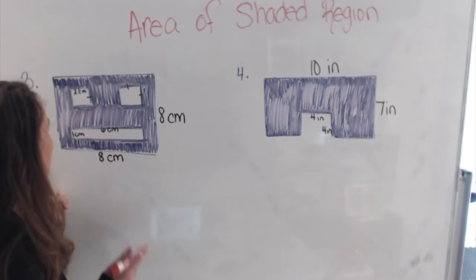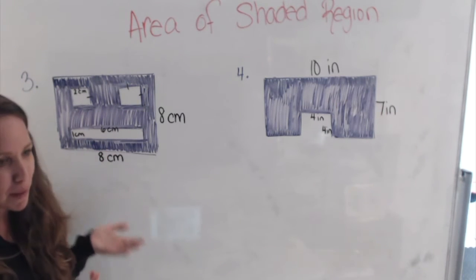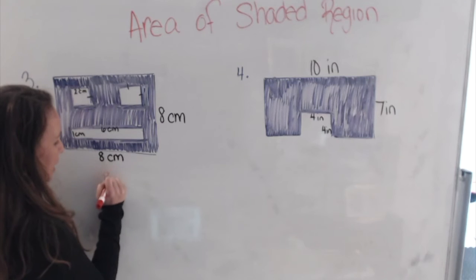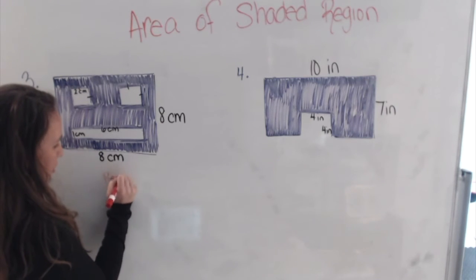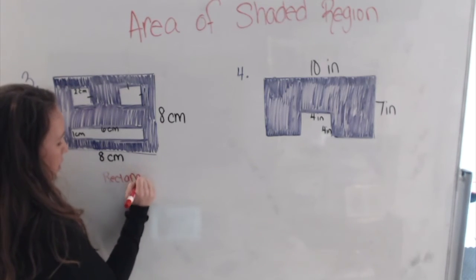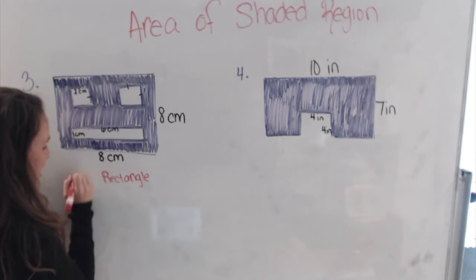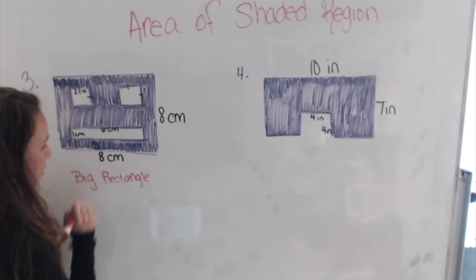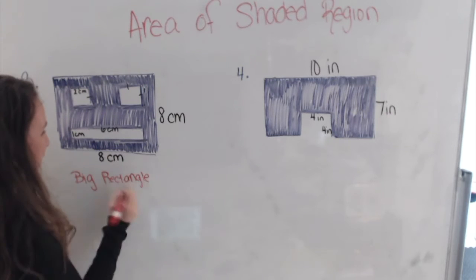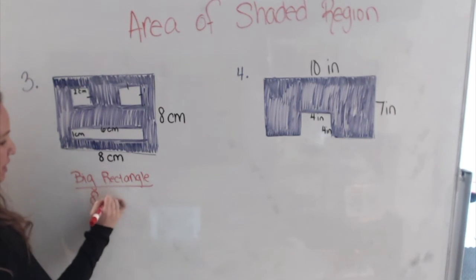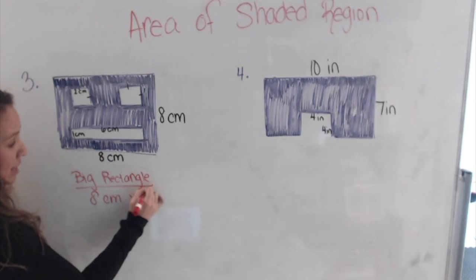So what is my big rectangle? My big rectangle actually ends up being a square. It has the dimensions of 8 centimeters by 8 centimeters.